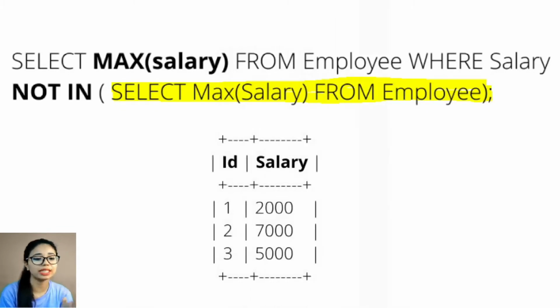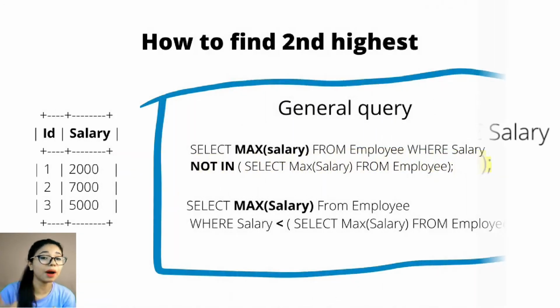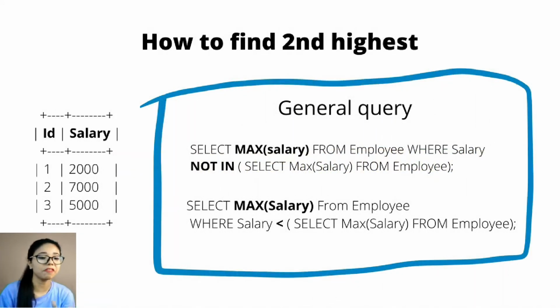ID is 1, 2, 3, salary is 2K, 7K and 5K. So the max salary would be 7K. Now the outermost query: select max salary from employee where salary not in 7,000. So what is the max salary apart from 7,000? That is 5K. So it is going to give me the second highest salary, that is 5K.